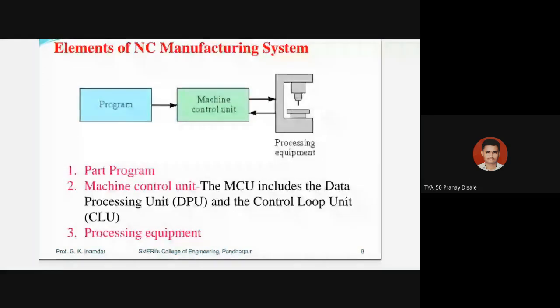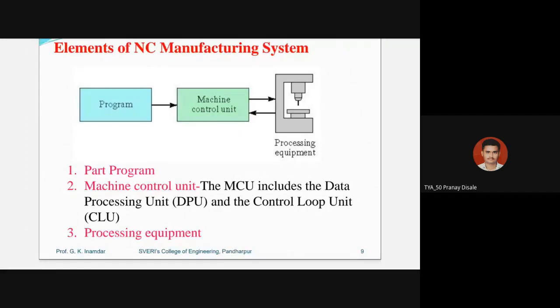Now the machine control unit is the brain of the NC system. MCU is nothing but the brain of the NC system. It consists of electronic hardware. The MCU has electronic hardware that reads and interprets the part program, able to read the language of numerical, symbolic, or alphabetical code.